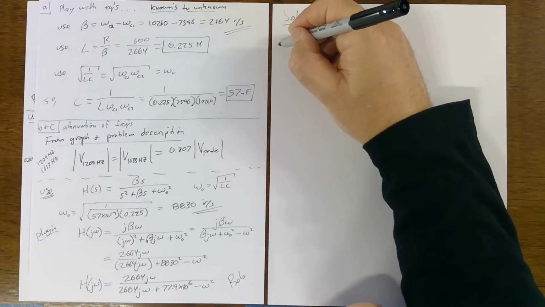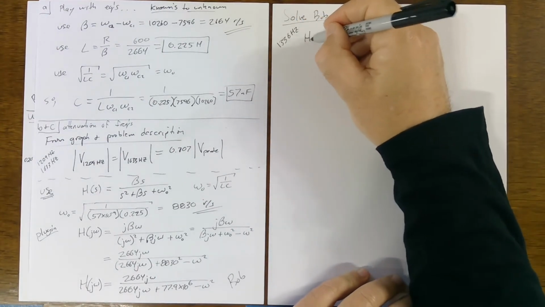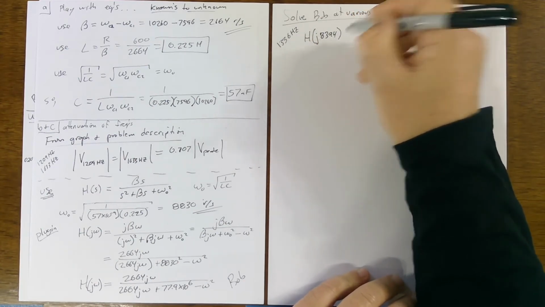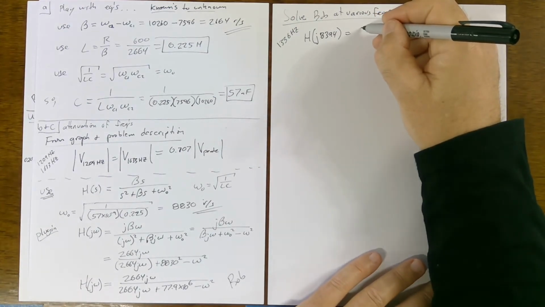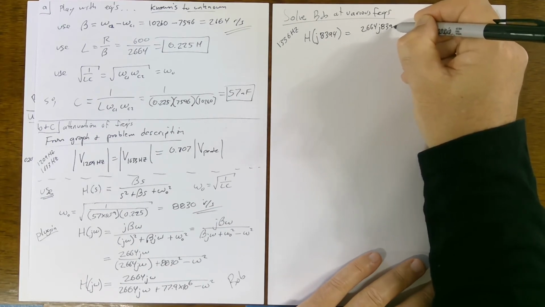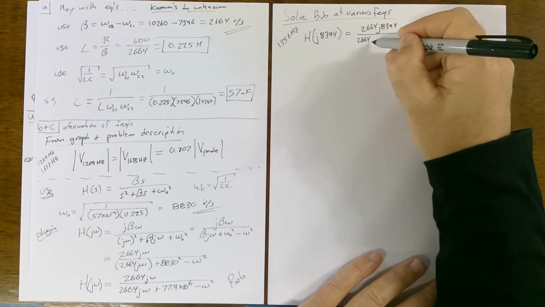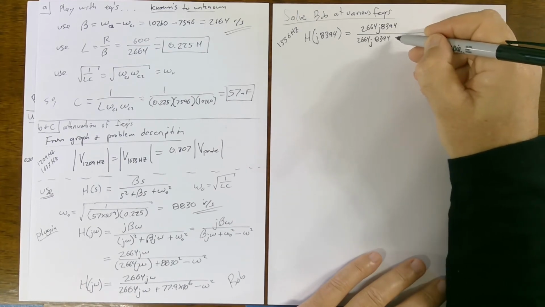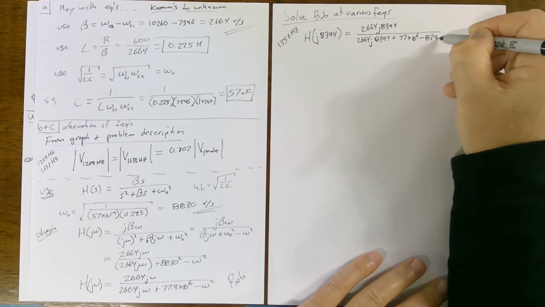So we need to solve it at, one of them was 1336 hertz. All right, so H of j, and 1336 hertz was 8394 radians per second. So it's going to be 2664j times 8394 over 2664j times 8394 plus 77 times 10 to the 6 minus 8394 squared.